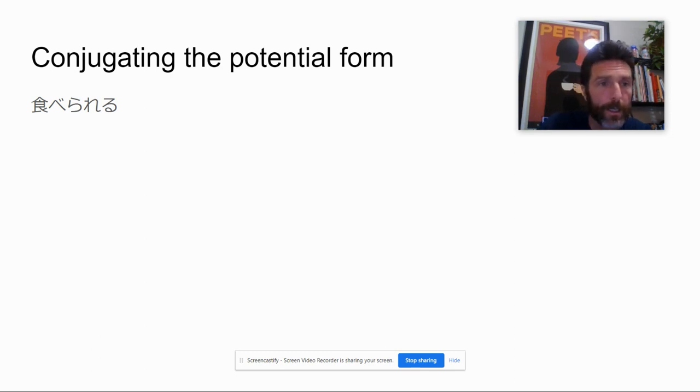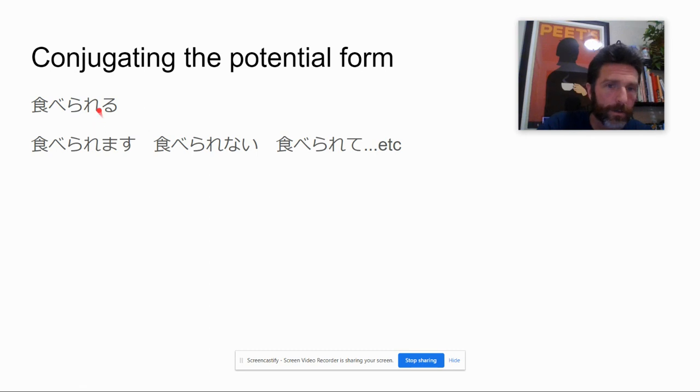What I mean by that is you get rid of ru, you add mas, you get rid of ru, you add nai, ru, you add te. It follows all the rules that a normal ru verb would follow. Taberareru is originally a ru verb. Let's look at another one, nomeru.